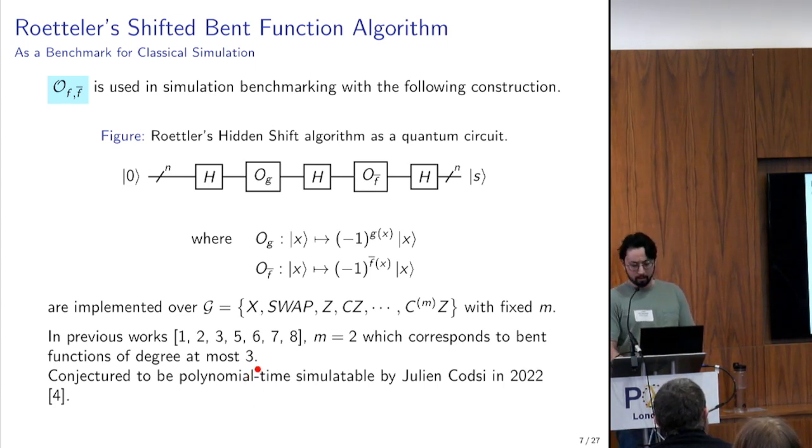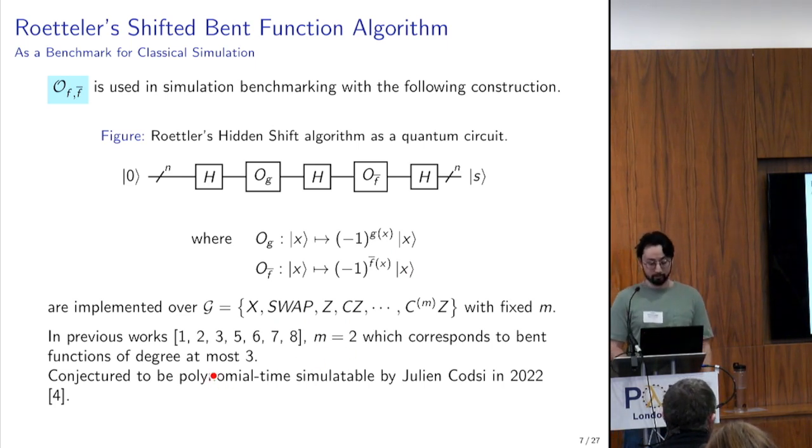An important thing here is that this actually bounds the degree of the polynomials, the bent functions that are computed, by at most m plus 1. So in the m equals 2 case, we have at most degree 3 bent functions. And then Julian Codsey conjectured this to be polynomial-time simulable based on empirical evidence in 2022.